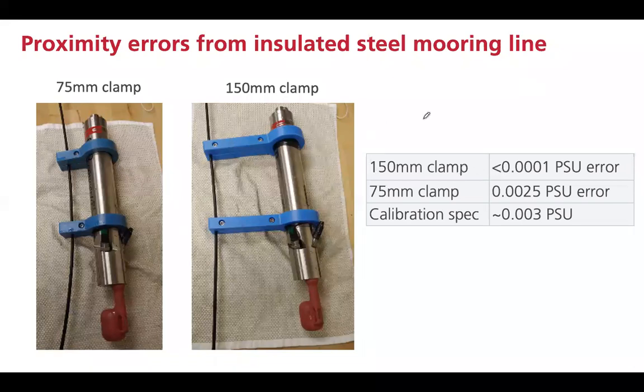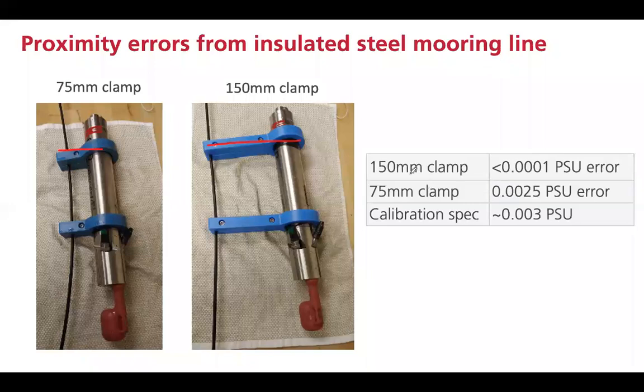RBR offers two different clamps, so here's a 75 millimeter clamp, and here's a 150 millimeter clamp. And the errors you get from introducing this mooring line are relatively small in this case.